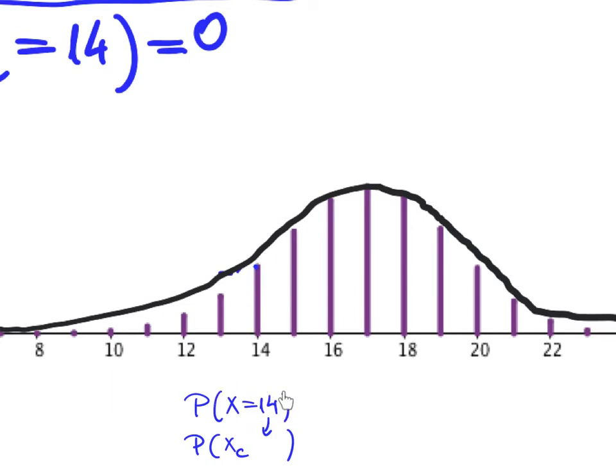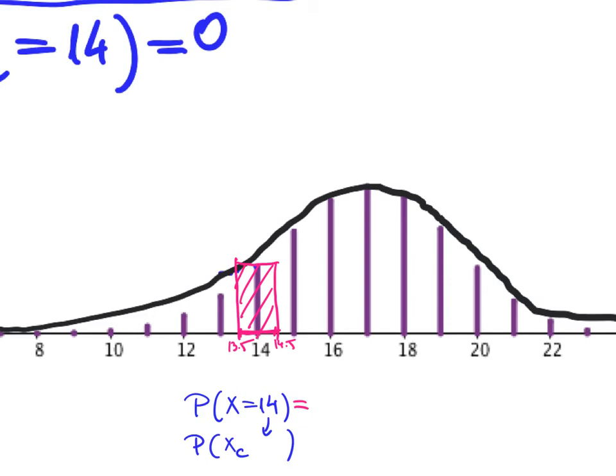We can, however, think of this bar in a different way. If this probability is the height of the graph, we can think of a rectangle of base 1, coming from 13.5 to 14.5, and we can think of the probability on the binomial distribution as being this area.